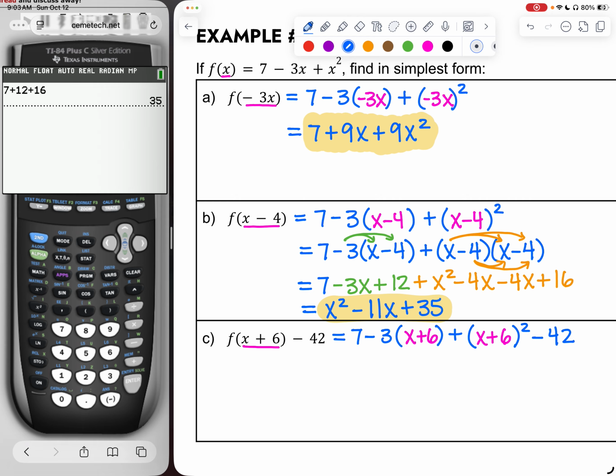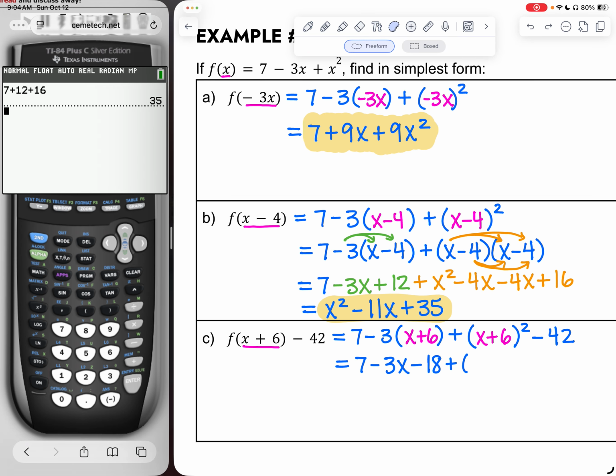So we simplify the same way that we've done before. 7, and then we distribute the negative 3. So that's going to be negative 3x minus 18, because we know that a negative times a positive is a negative. And then we also should know that we need to multiply this out twice.